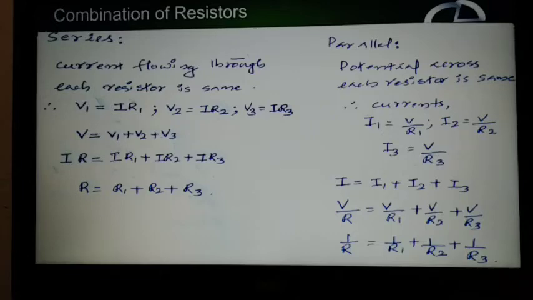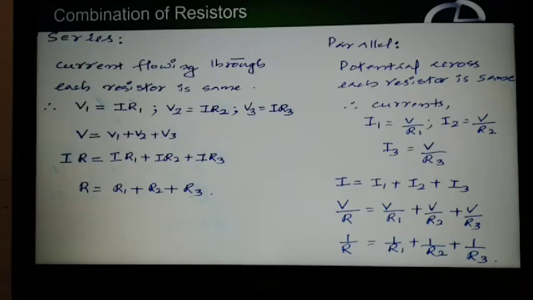See, in parallel combination, what happens? Suppose three resistors are connected in parallel. The potential across each resistor remains the same. But since they have different resistance values, the current through each resistance will be different. The current through the first one, I1, will be V by R1. The current through the second resistance, I2, will be V by R2. The current through the third resistance, I3, will be V by R3.